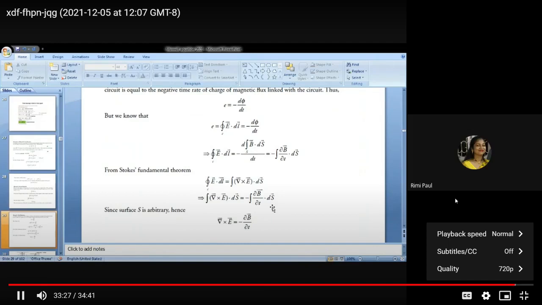Find the induced EMF and the current. So we will solve this problem, and some problems will also be solved for Ampere's law and these cases.